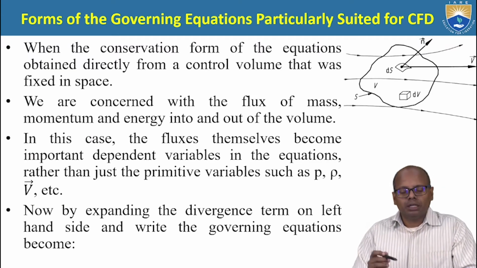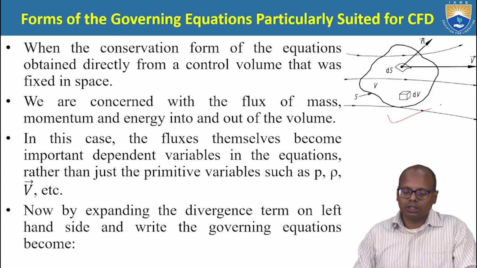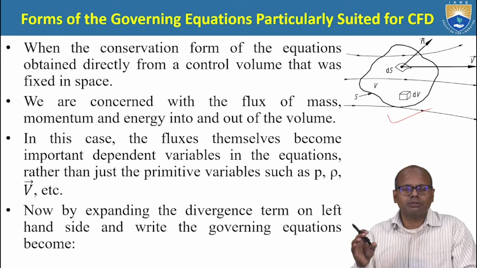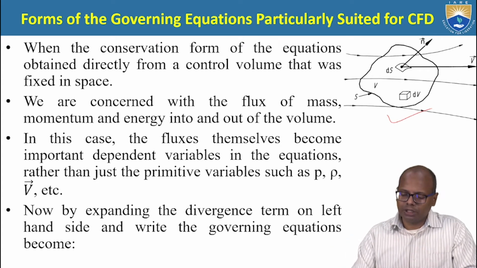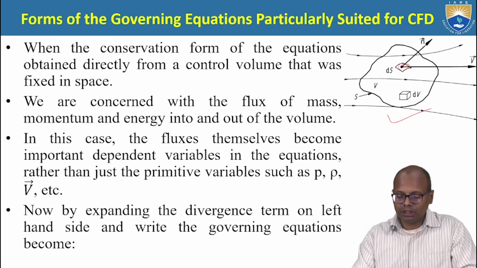Now, where we came across this approach is the control volume approach, which is fixed in one place and the fluid is moving across. In this case, while deriving, we have directly taken the flux terms into account.